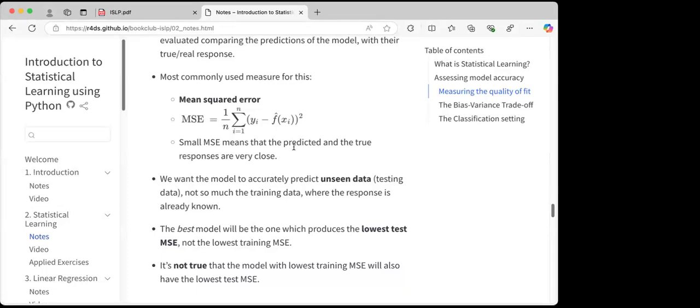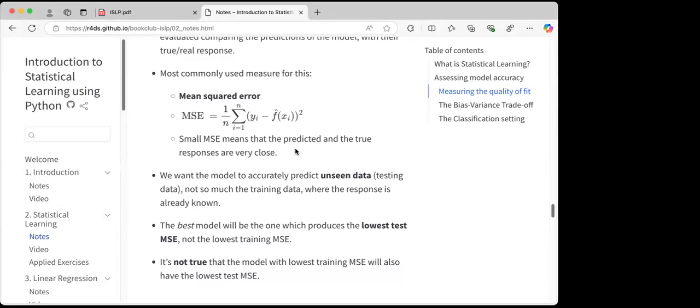So a small mean squared error means that the predicted value and the true response are very close. We want the MSE to be as small as possible. This way we could have a good feeling that our model is quite accurate.